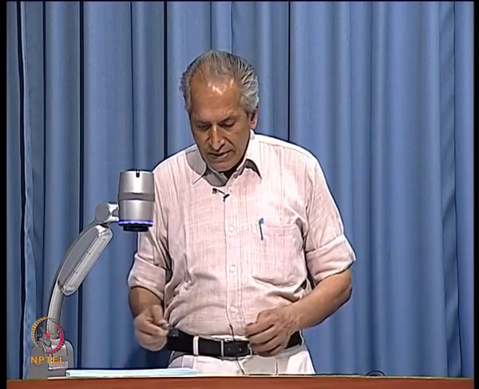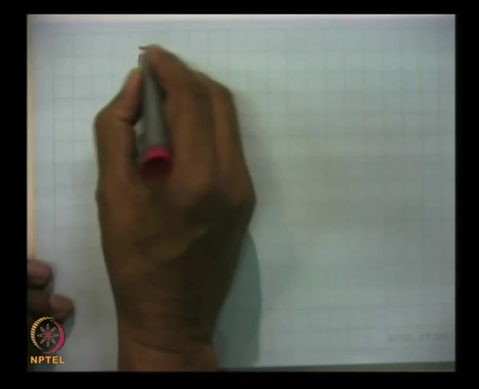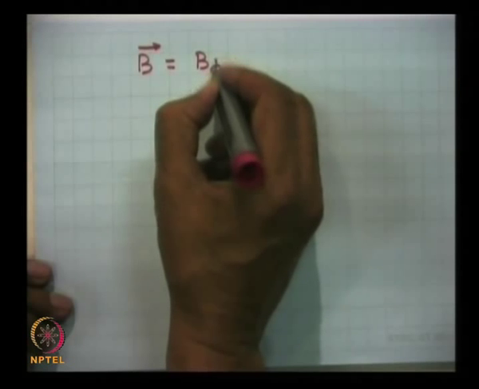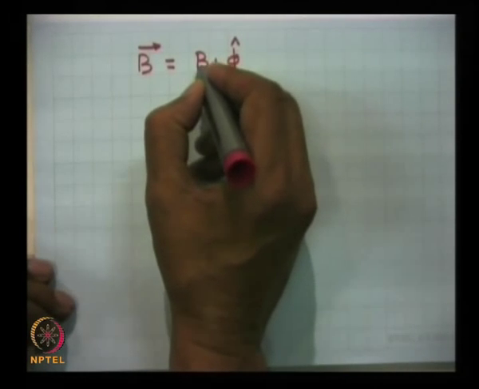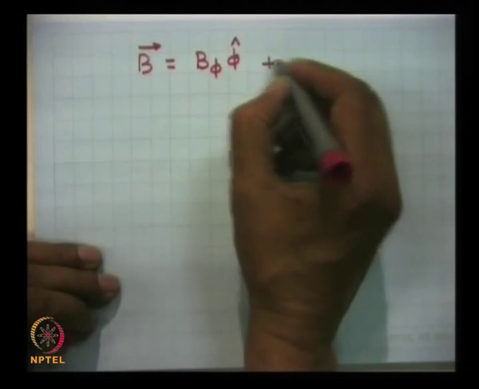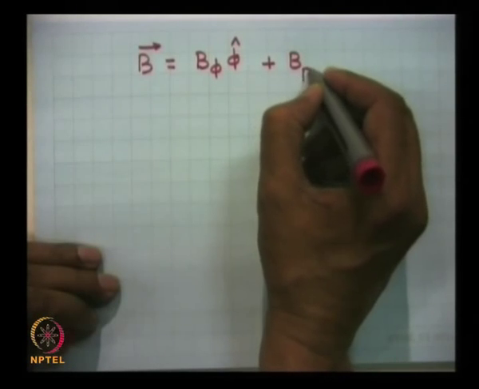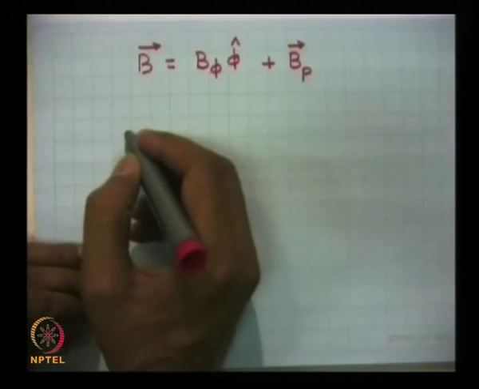Let me write down the magnetic field in the plasma as B is equal to B phi phi cap. This is the toroidal magnetic field produced by external coil currents, plus the magnetic field produced by the plasma current, which I call BP, also called the poloidal magnetic field.